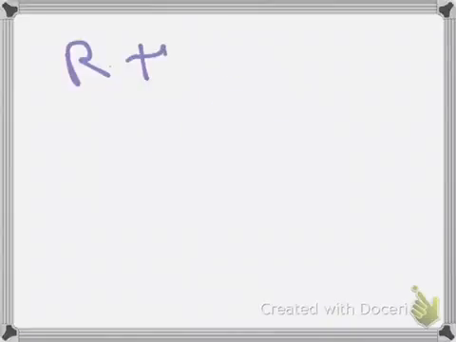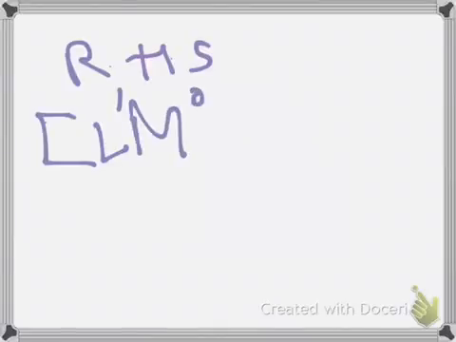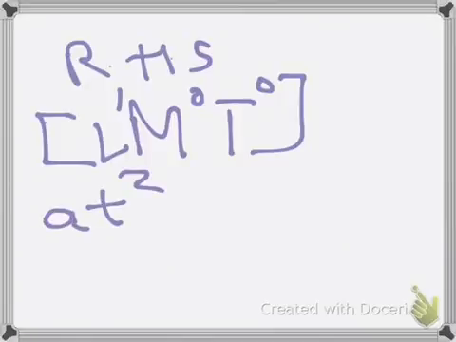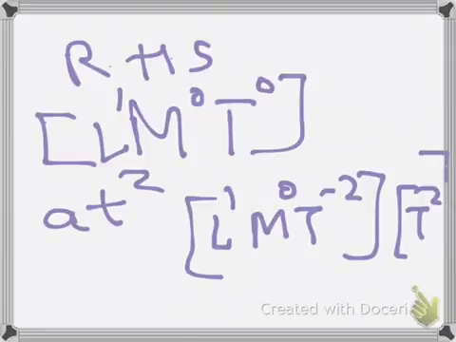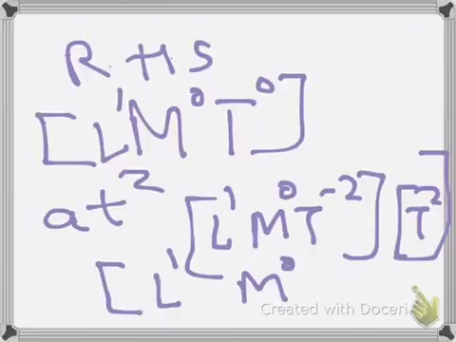On the RHS we have UT, which is L1 M0 T0, and half a t squared. Half has no units. At squared will be, so acceleration is L1 M0 T minus 2, and t square is going to be t square.